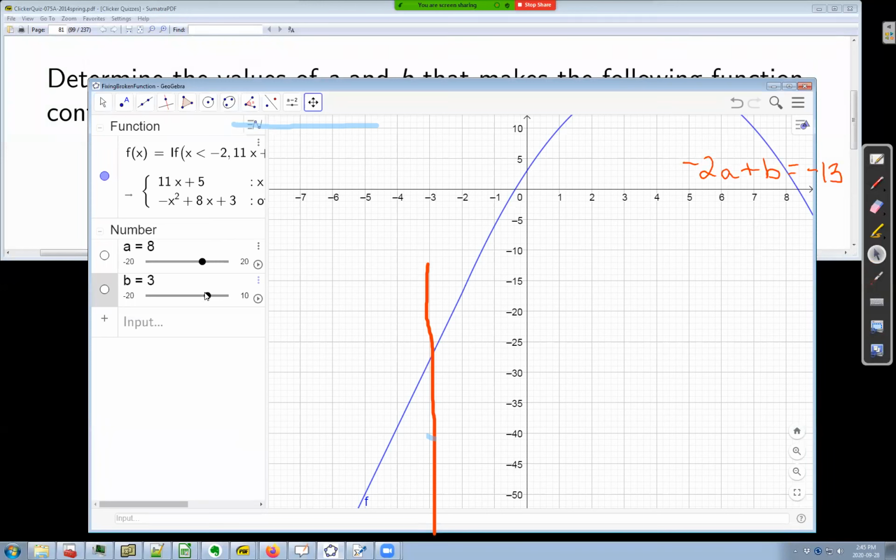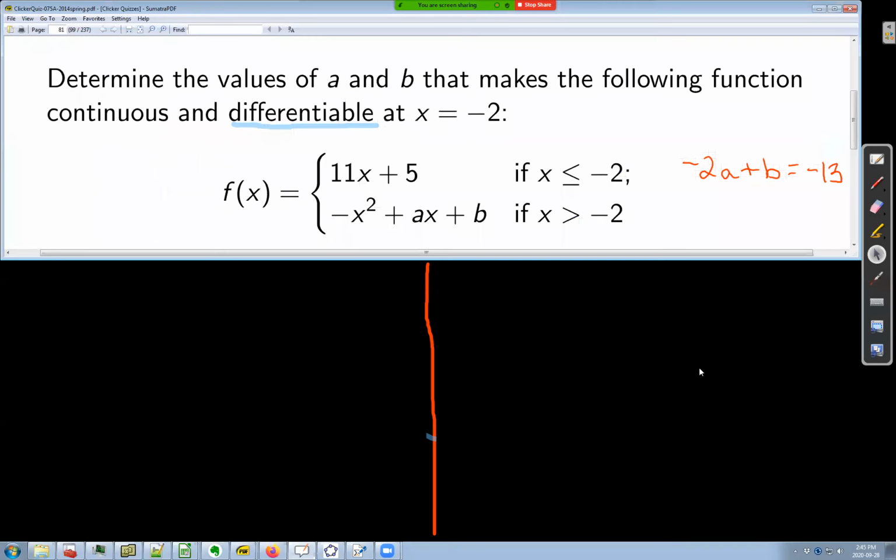Let's move this down a little bit here. From the left side, the derivative will be the slope of this part, and from the right side, the derivative will be the slope of the right part. So there's going to be a left-hand derivative and a right-hand derivative. Once again, we have to look from the left and from the right. So this will be from the left.